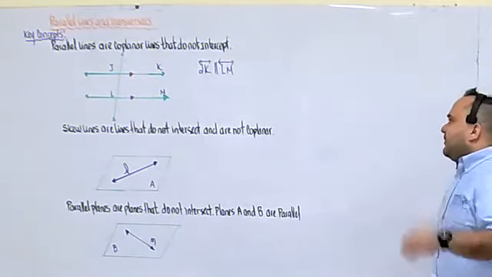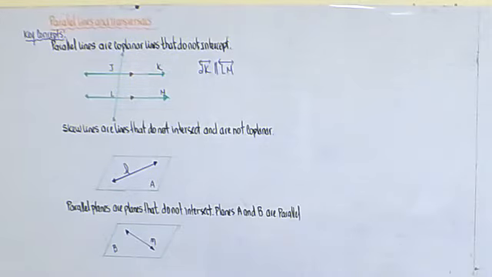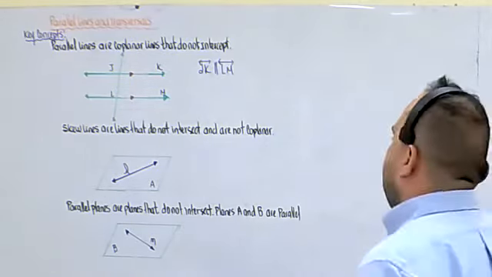For that reason, you're going to see we have three lines: the line JK, the line LM, and also AB, which is a transversal. The parallel lines are JK and LM.